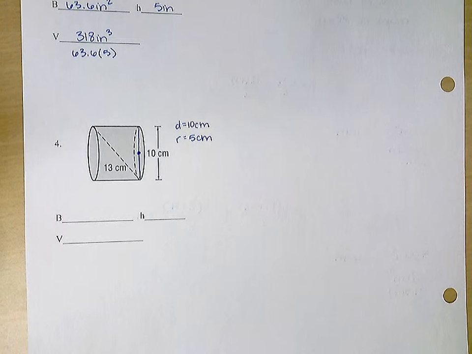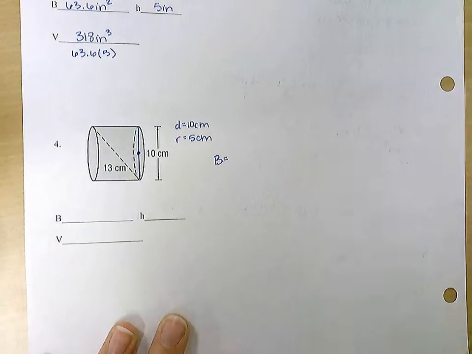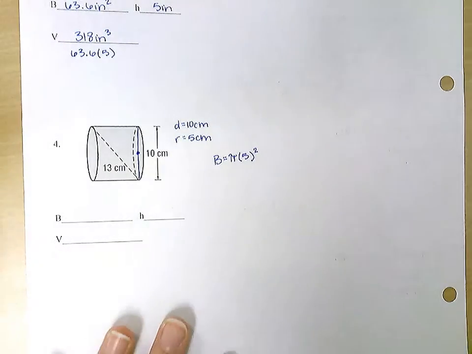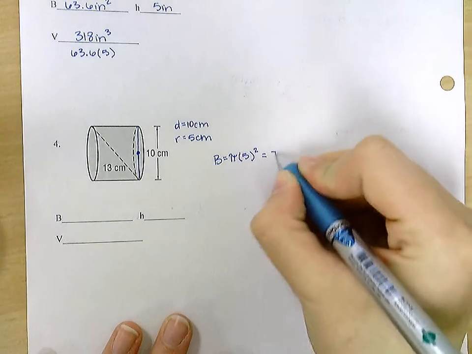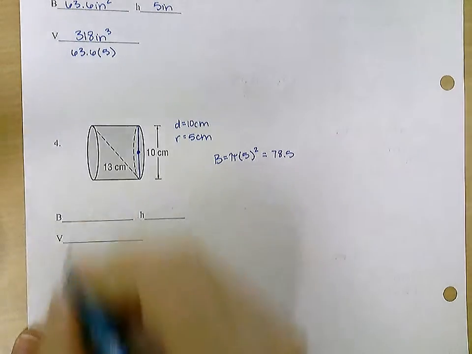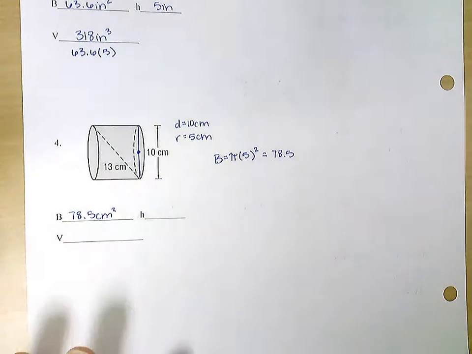So now that I have the radius, I can find capital B, since our base shape is a circle, using pi r squared. So we have pi times 5 squared. That is equal to about 78.5. So capital B should be 78.5 centimeters squared.